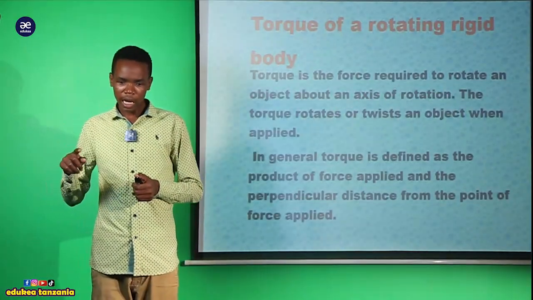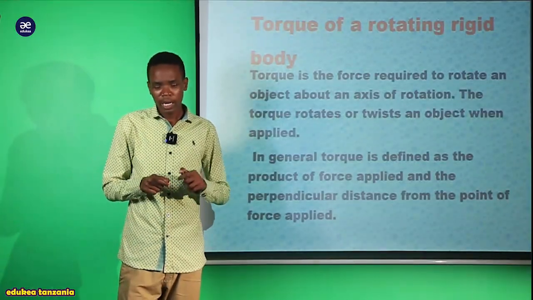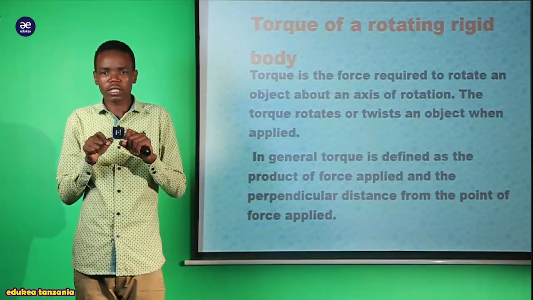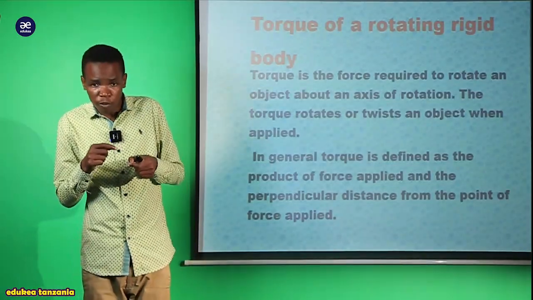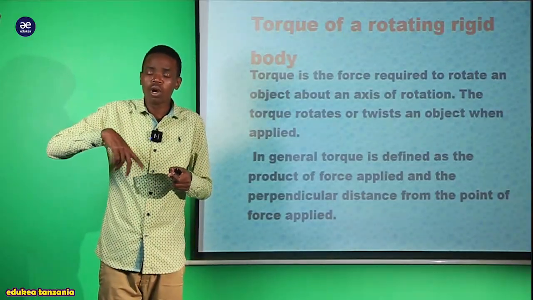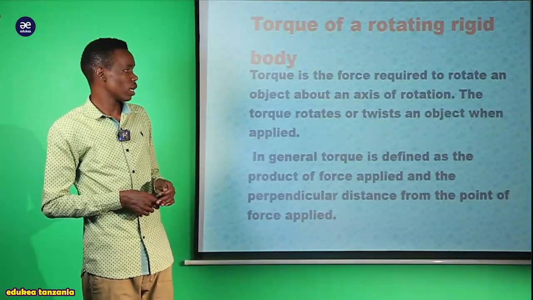We want the rigid body to rotate on an axis, and the torque gives us the force needed in order to rotate on an axis. This is supposed to be the torque.